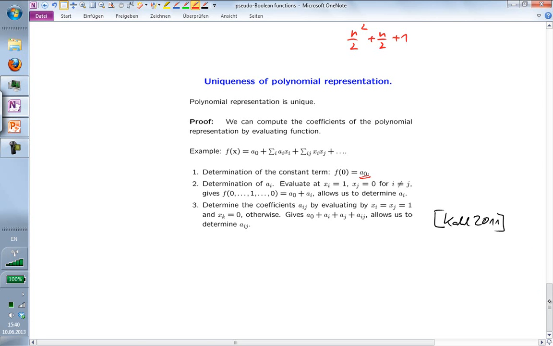Now the merit, or one merit of Peter Hammer, was to have shown the following.